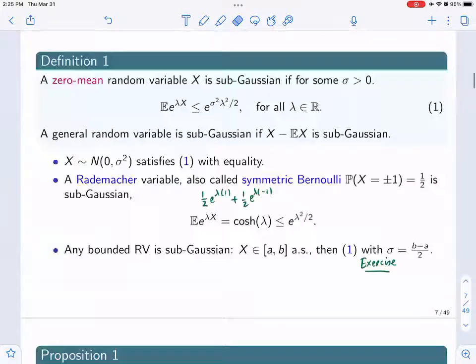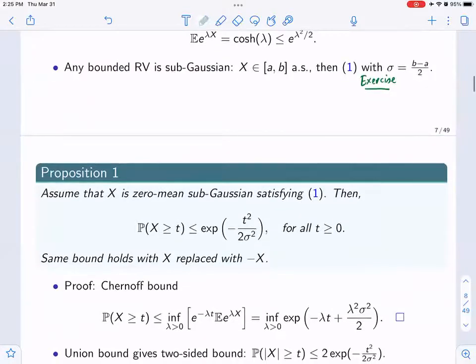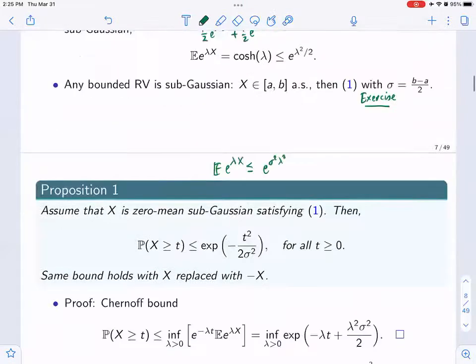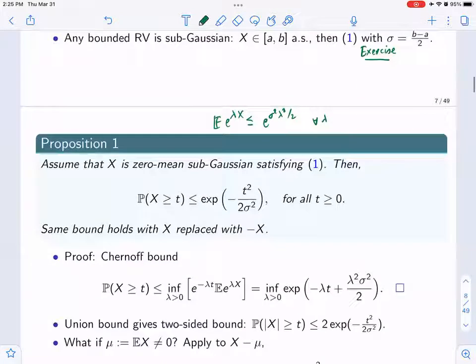Suppose I have a zero mean subgaussian random variable, which satisfies the MGF bound: the expectation is bounded by e to the sigma squared lambda squared over 2 for all lambda in R.